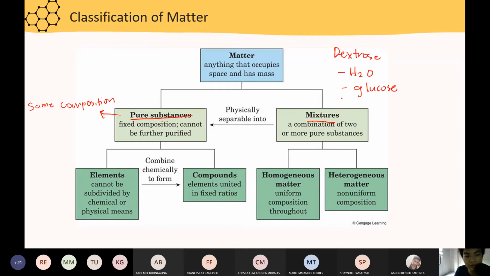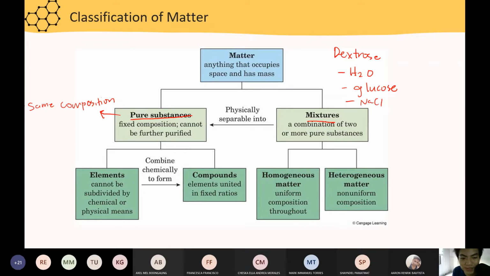So, yung tubig and yung glucose, pag pinagsama, that's a dextrose. Pwede yung lagyan mo pa yun ng, let's say, kunwari, sodium chloride, para may ions yung tao na bibigyan mo ng dextrose. So, when you combine pure substances, you form a mixture.